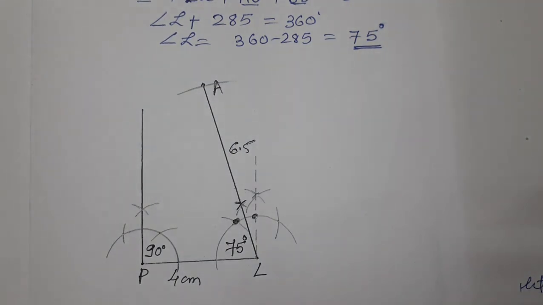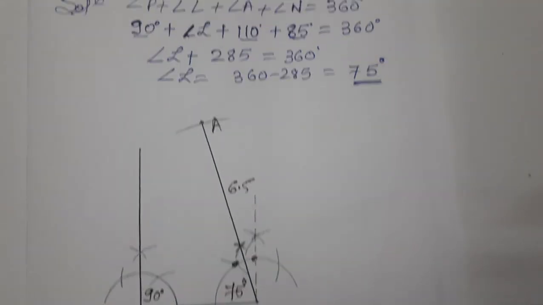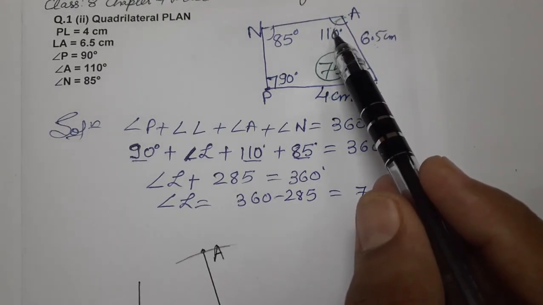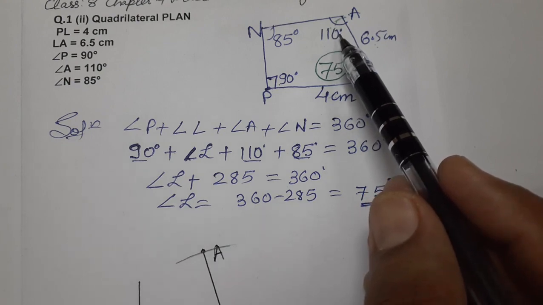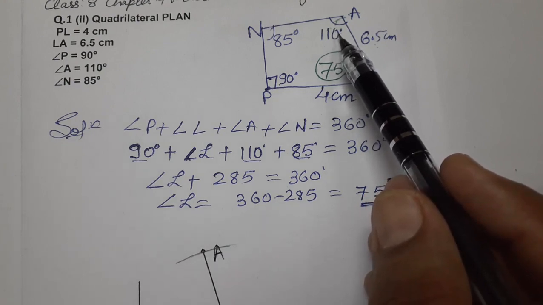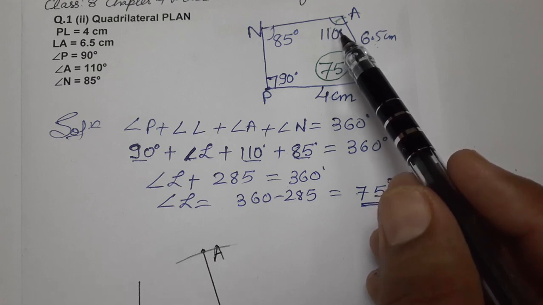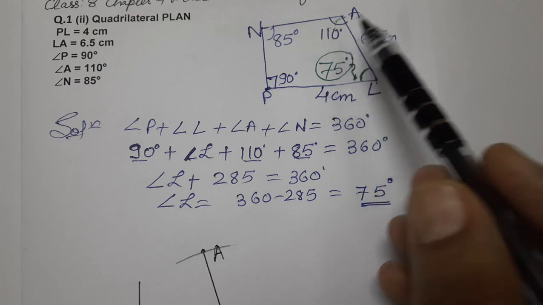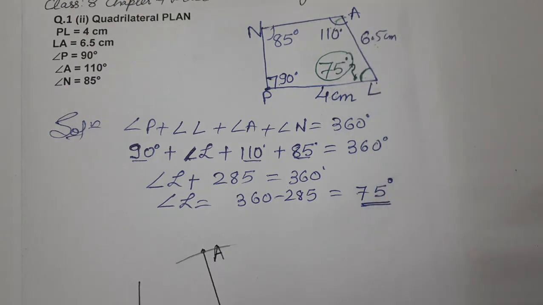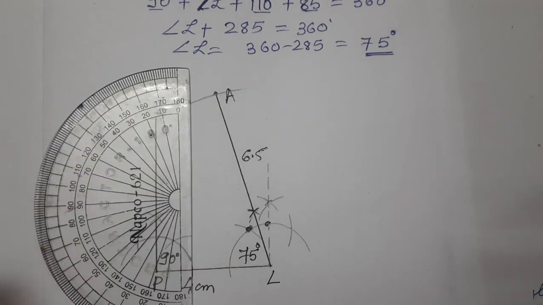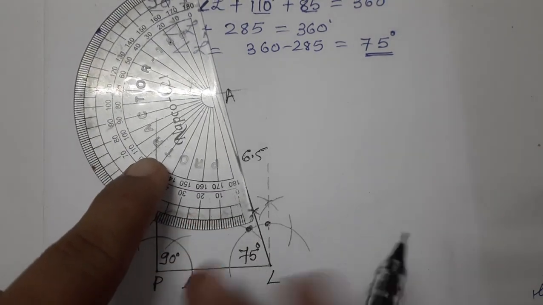Now listen. See the rough diagram. The next step is angle A is 110 degrees. From A we have to make 110. Now children, we will use a protractor to make 110 because 110 is not a multiple of 15, and whichever angle is not a multiple of 15 we make with the protractor. So we will use the protractor to make angle A 110 degrees. So let's make 110 degrees from A. Take the protractor and put it like this.